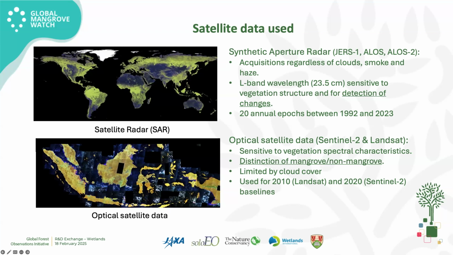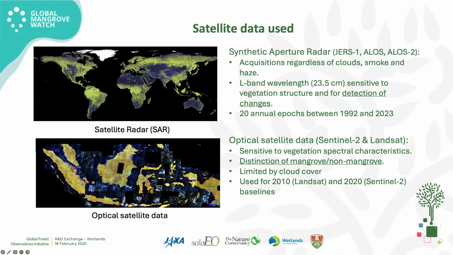Basically, the first thing we do is to map the mangroves using optical satellite data, because optical data are sensitive to the vegetation spectral characteristics. That will help us to distinguish mangrove from non-mangrove species, which can still be a bit of a challenge, especially on the land side of the mangroves, where you have other types of wetland vegetation, salt marshes, etc., that could sometimes be difficult to distinguish from mangroves.